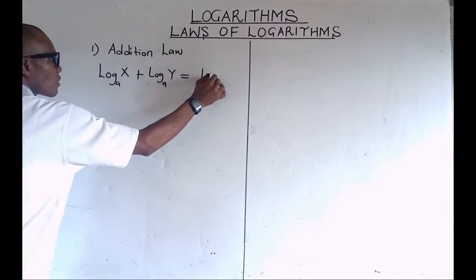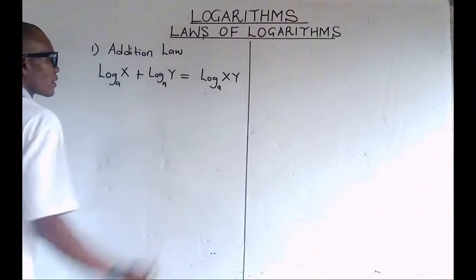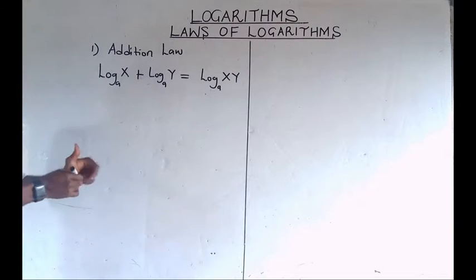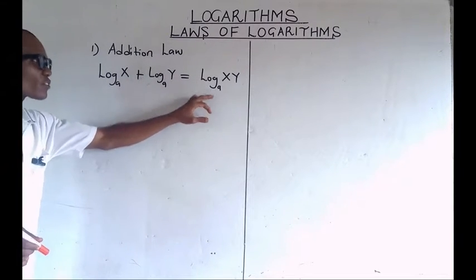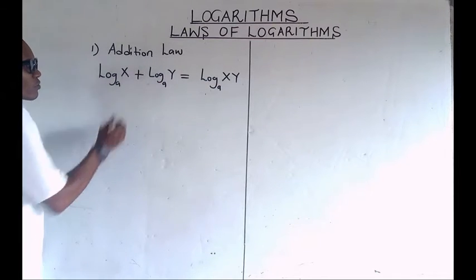result will be log xy base a. It means that if you have two logs that are adding themselves, the result will be the product of those two functions.